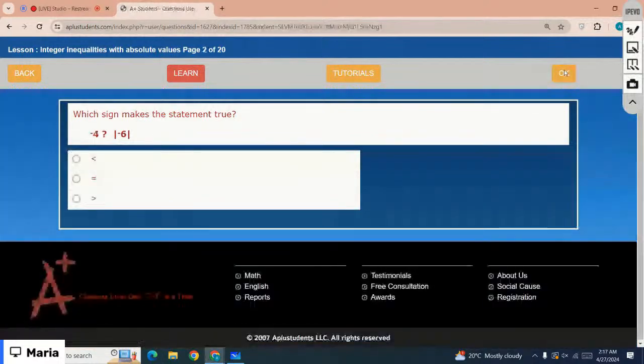Which sign makes the statement true? Negative 4 and absolute value of 6, which is the correct option?